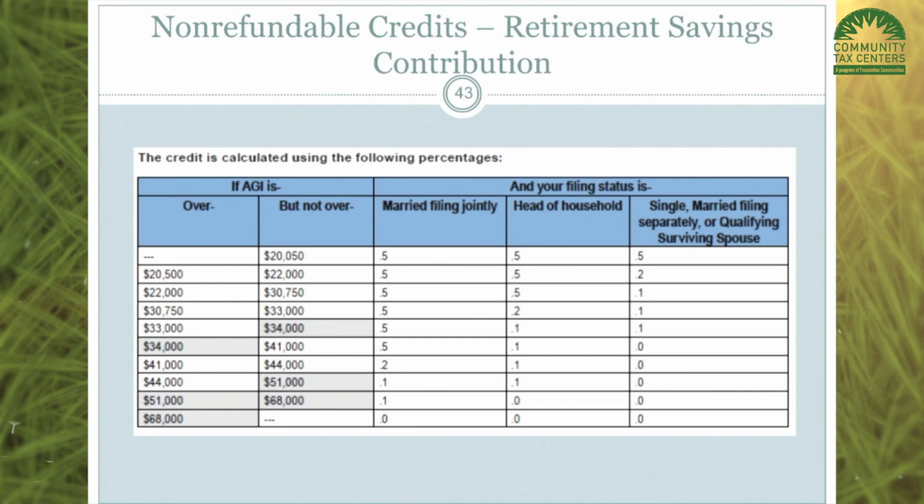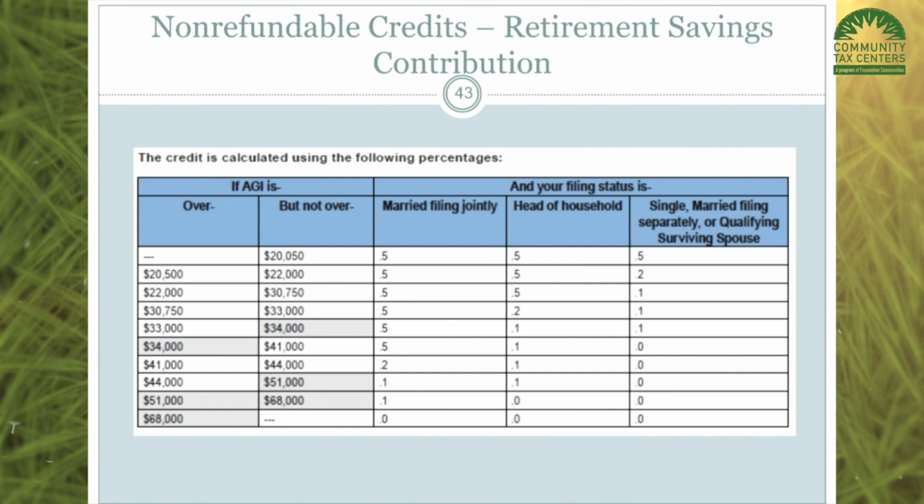And you'll see these are the percentage ranges of their contribution amount. So if a person is, say, a single individual, and their AGI is a little less than $34,000, and they contributed $1,000 to their retirement account for the year, they're only going to get 10% of that. So they'll get a retirement savings contribution credit of $100.